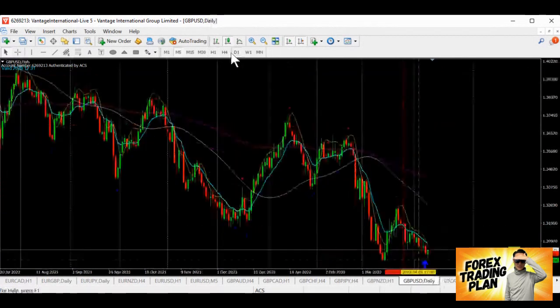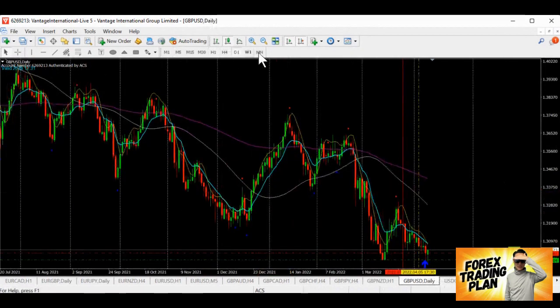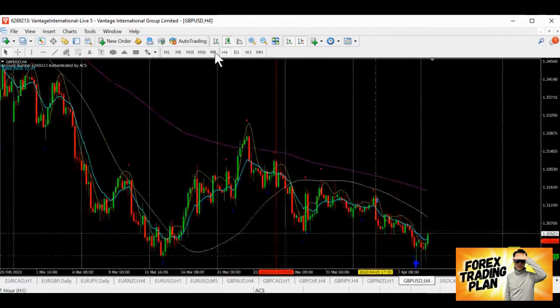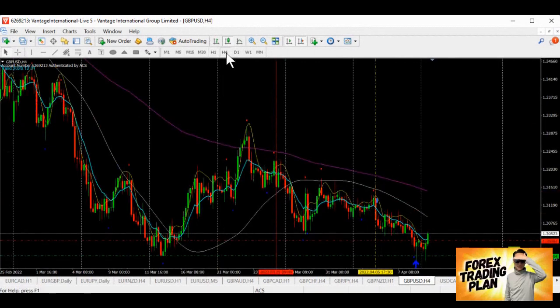What about Pound Dollar? Let's take a look. Over here, we have one test, and just now we tested on the first US hour. We have tested the support, and now it has become a double bottom, which was rejected and became a buy. So Pound Dollar, I will still be looking for a buy.